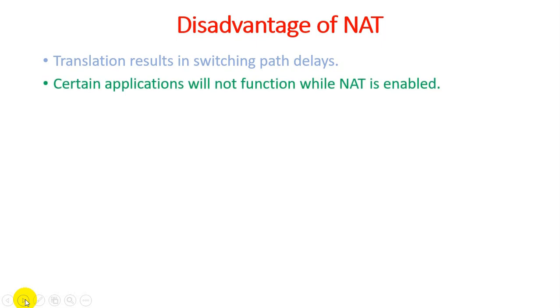Second, certain applications will not work while NAT is enabled, because it is not a legal concept, because some hackers always use this kind of technology to access information while hiding their personal information, because NAT is never seen by a destination or source. They never access its private IP address.